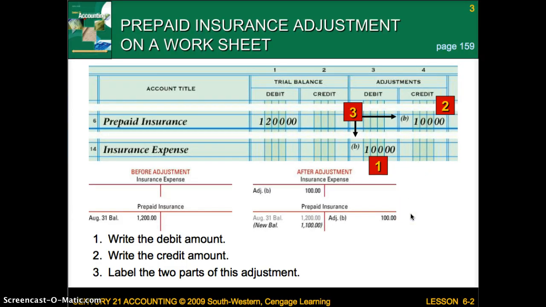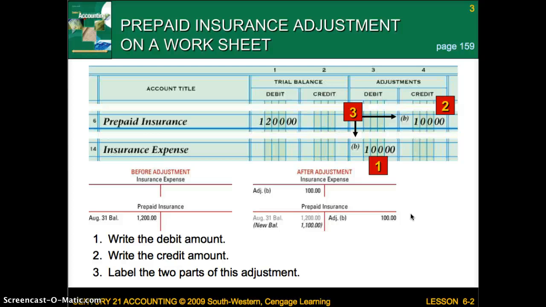The other adjustment that we do is for insurance. If you look on page 159, it says on August 31st, before adjustments, the balance of prepaid insurance is $1,200 and the balance of insurance expense is 0. On August 31st, Ms. Park checked the insurance records and found that the value of insurance coverage remaining is $1,100.